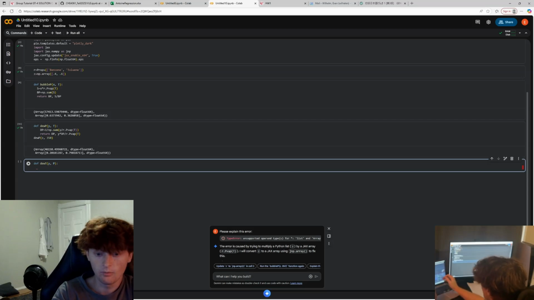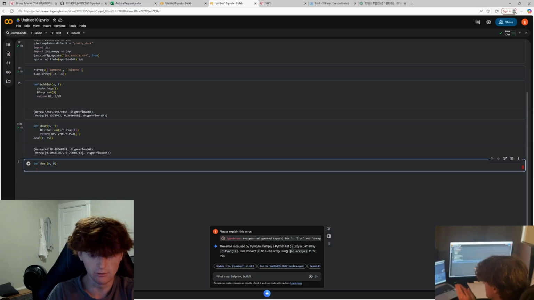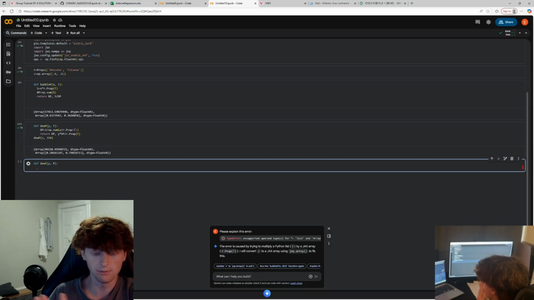Our P is staying constant throughout our whole system. So we can use our dew pressure function and subtract the system pressure from it, and it should equal 0, because that dew point pressure should be equal to our system pressure at that temperature.